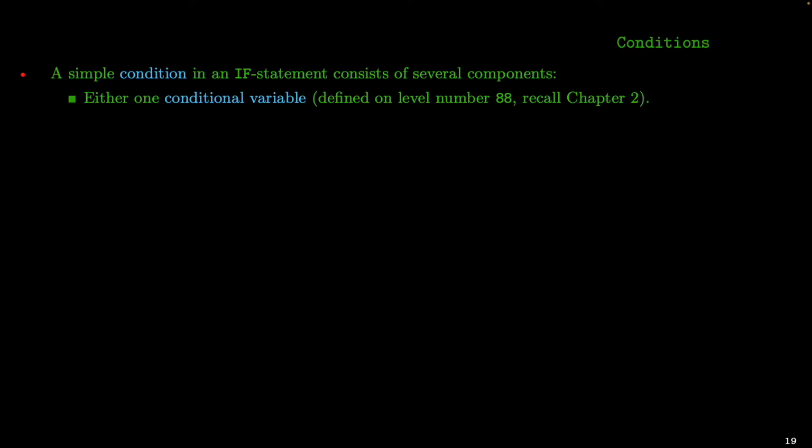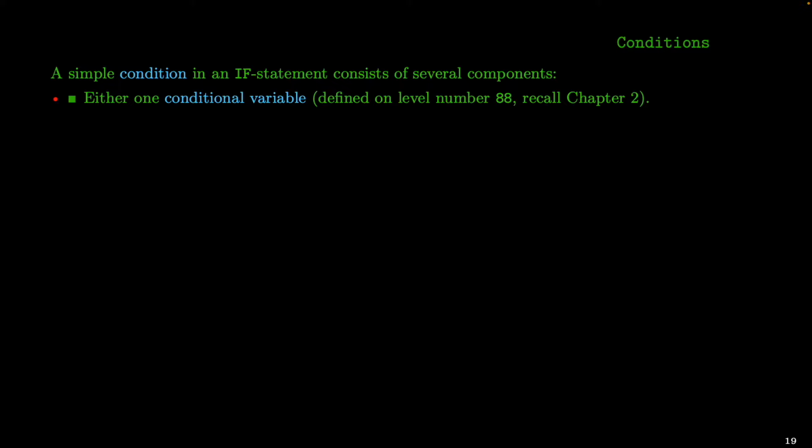Now let's take a closer look at the types of conditions that we can formulate in if statements. So there are several components to that. There's either one conditional variable. Recall we had them in chapter 2. These are the ones defined on level number 88, where we can have one variable that may assume different states or different ranges of states.